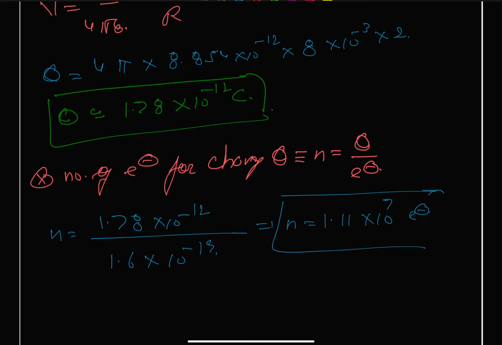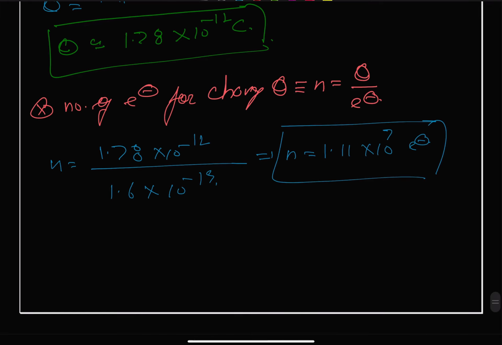So we found out the number of electrons, and we already know the photoelectrons emitted per second. That is the value of the rate, basically, and in time t it is going to emit n electrons, that is 1.11 into 10 to the power 7.